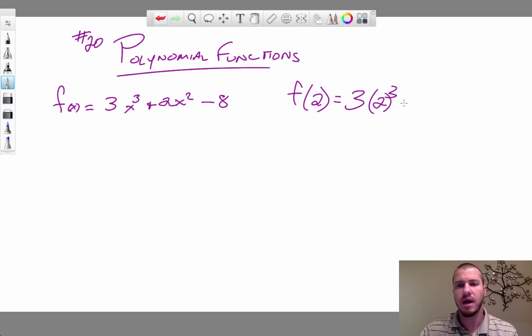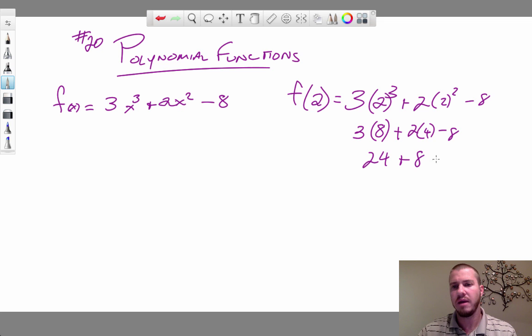So I have 3 times 2 cubed plus 2 times 2 squared minus 8. So this becomes 3 times 8 plus 2 times 4 minus 8. So I get 24 plus 8 minus 8, which these two will cancel out, and I'm left with 24.